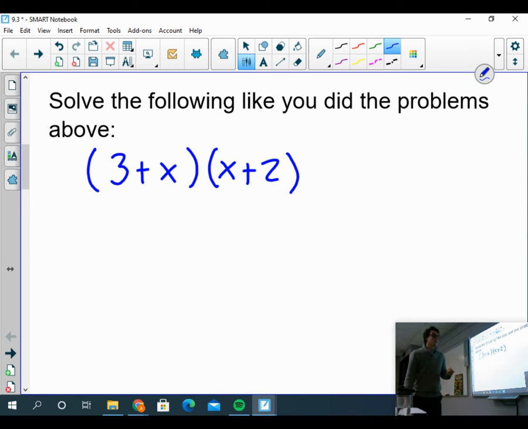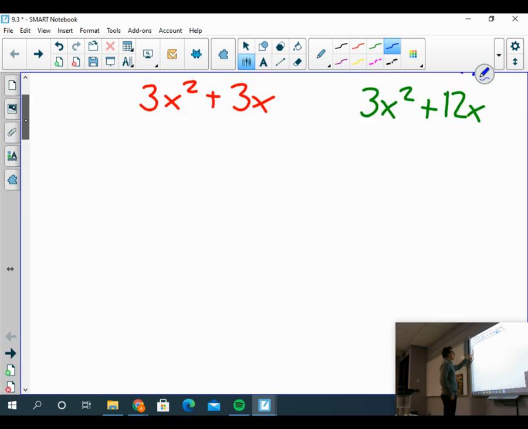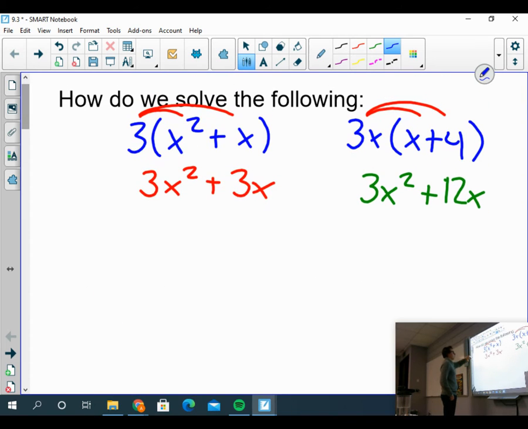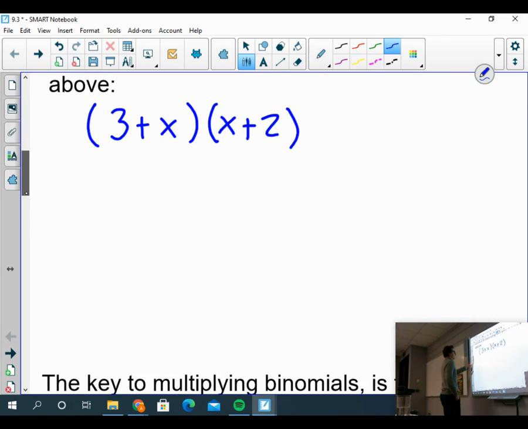Again, what I said was solve this using the logic you did above, which was if it's sitting outside the parentheses, implying that it's being multiplied by what's in the parentheses, distribute it to everything in the parentheses. So give that a shot for this problem.